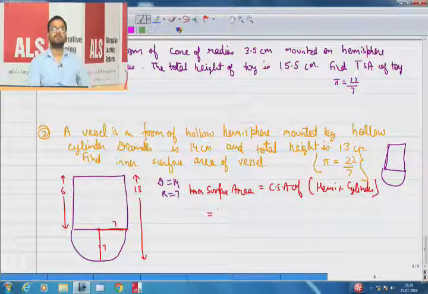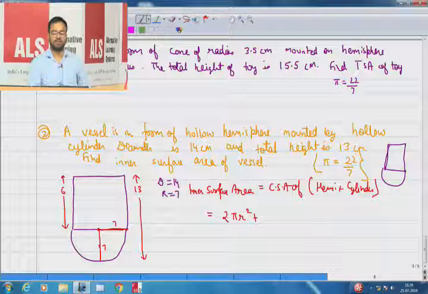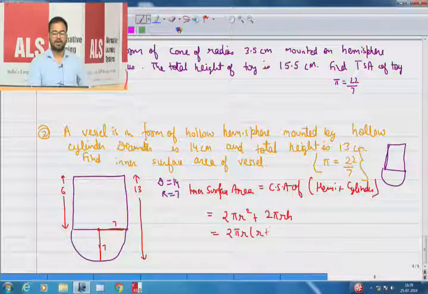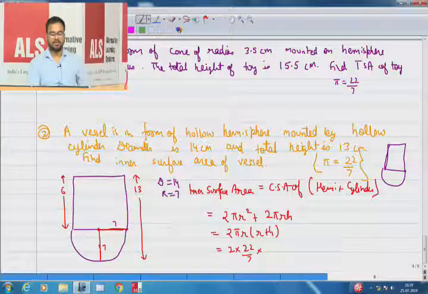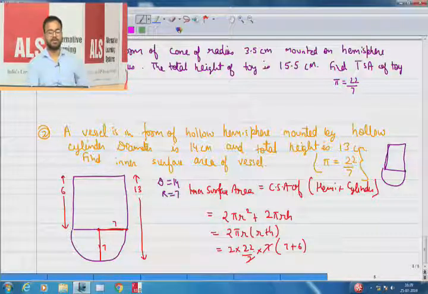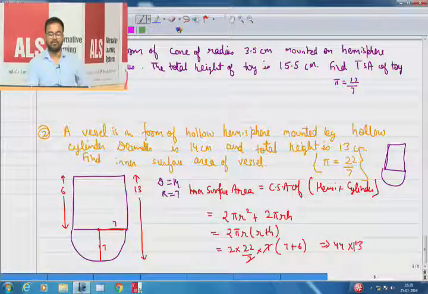Now, for hemisphere, the curved surface area is 2 pi r square plus for cylinder it is 2 pi rh. So you can take 2 pi r as common and r plus h. So 2 into 22 by 7, radius is 7, into r plus h, 7 plus 6. So this 7 and 7 will get cancelled out. 22 into 2, which is 44, and 44 into 13.